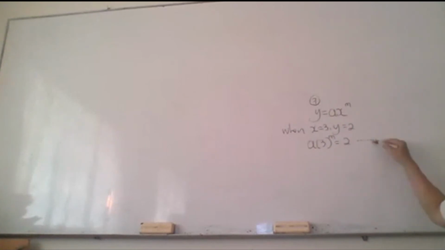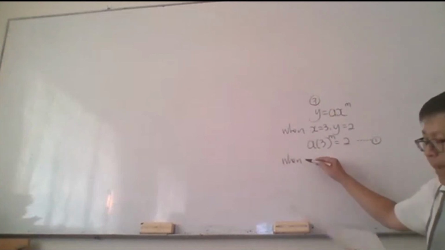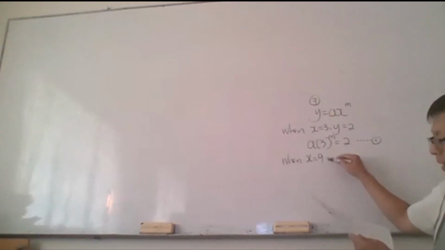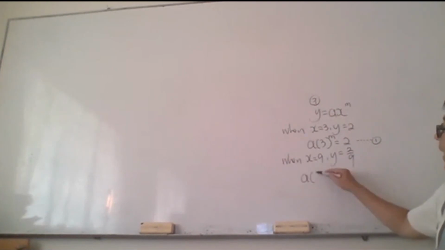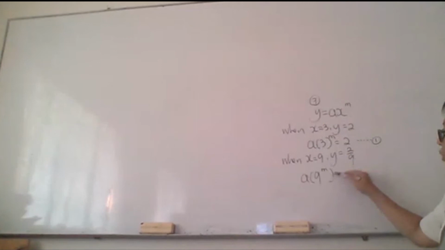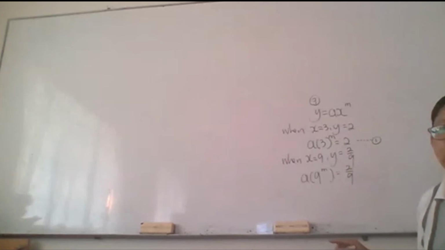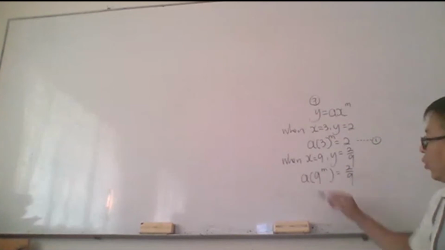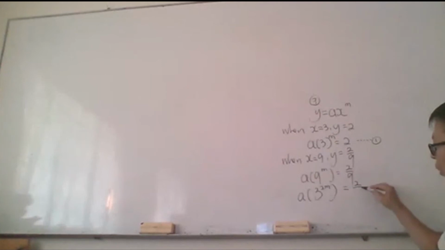This is my first equation. And then another one, when x equal to 9, y equal to 2 over 9, so a times 9^m equals 2 over 9. Of course, I will change my 9^m to 3 to the power of 2, so a times 3^(2m) equals 2 over 9.